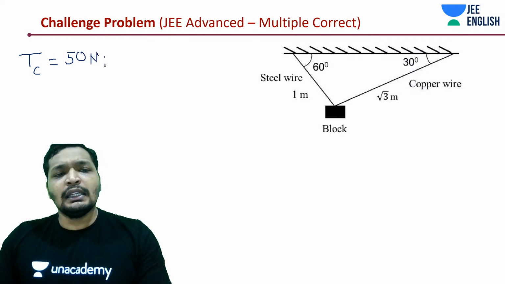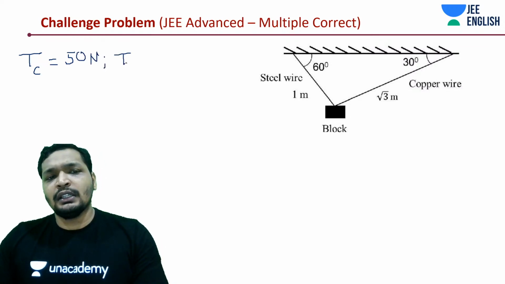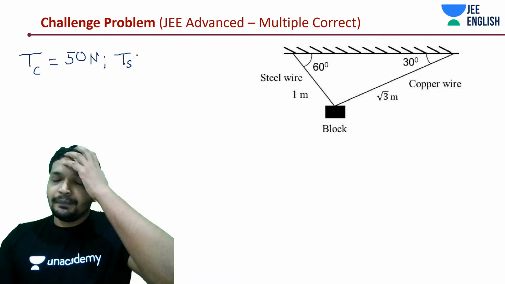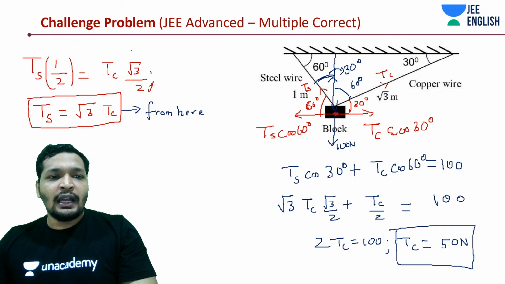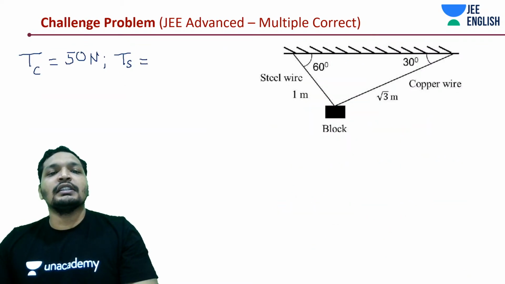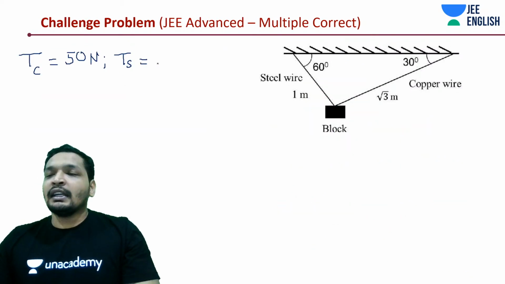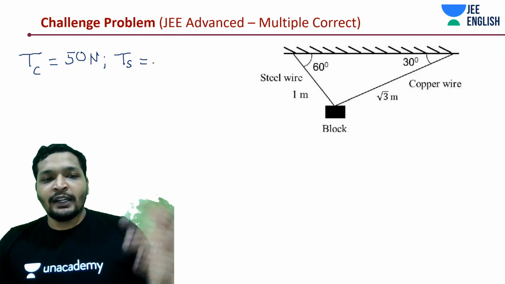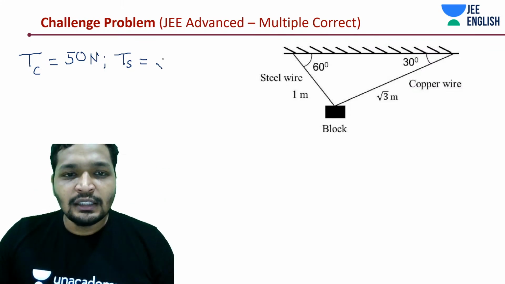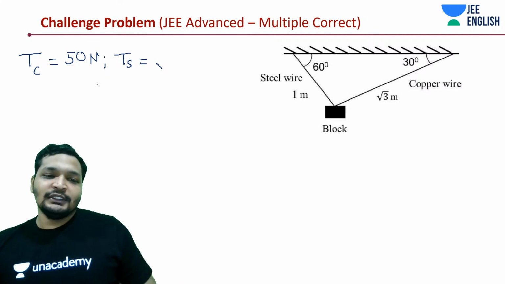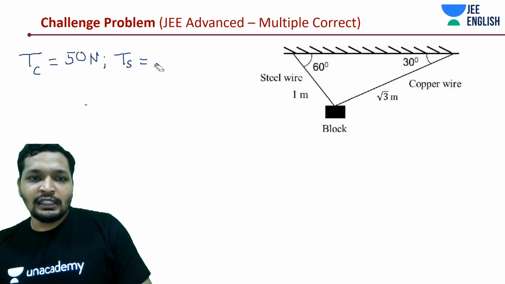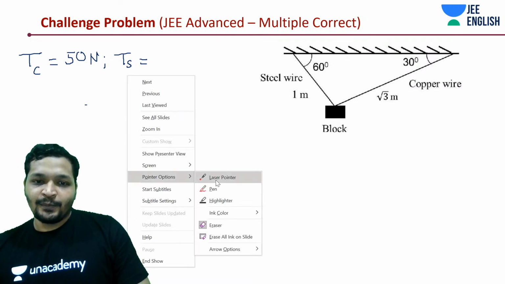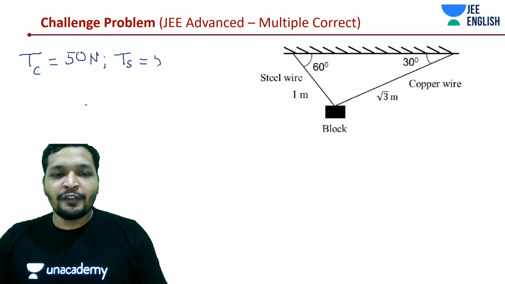And TS is, actually we need not even have done this. We could have done the entire thing even without this, students. I don't know why I did this, but anyway, just the same way I moved on and did it. That is fine. It is going to be 50 root 3.